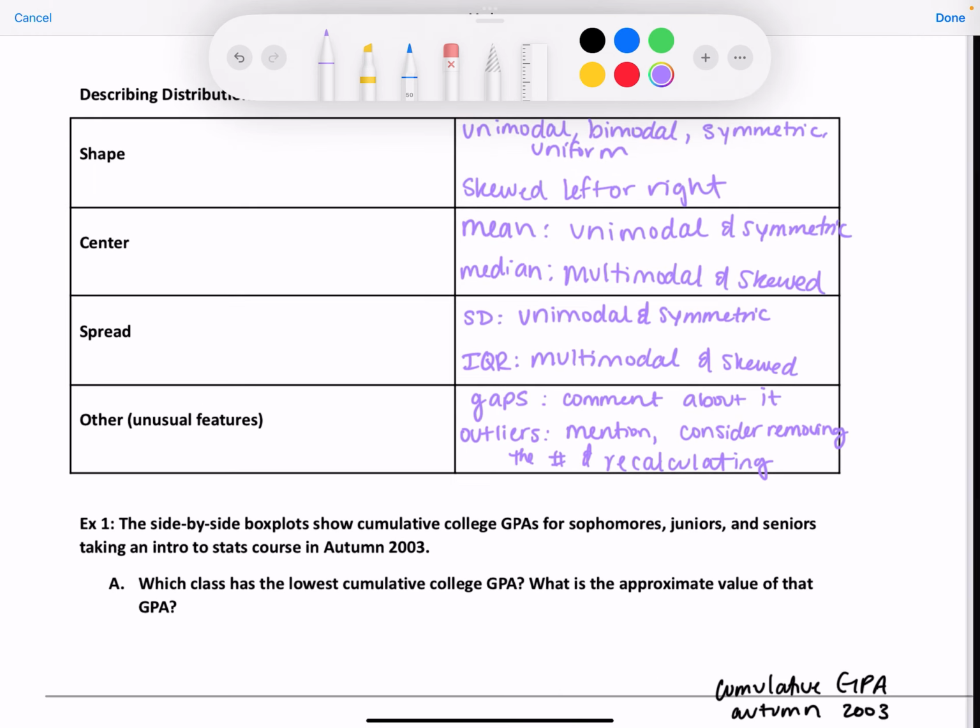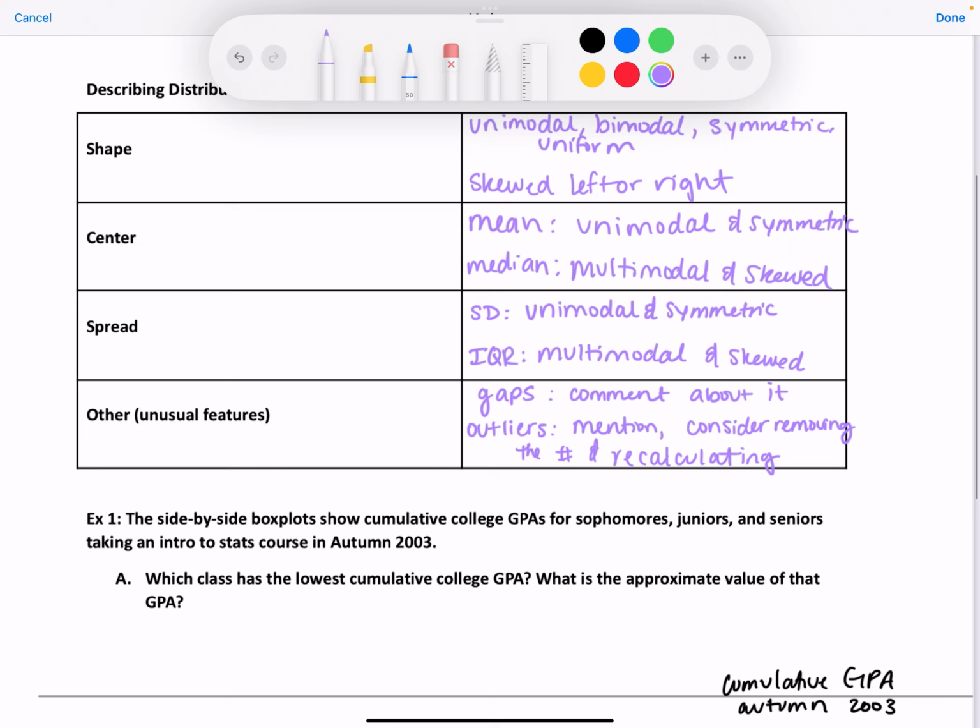I was on the first box, but I already completed all the other ones. I just skipped that one because I was like, what? I thought you said multimodal in there, but now I don't see it. I said bimodal.